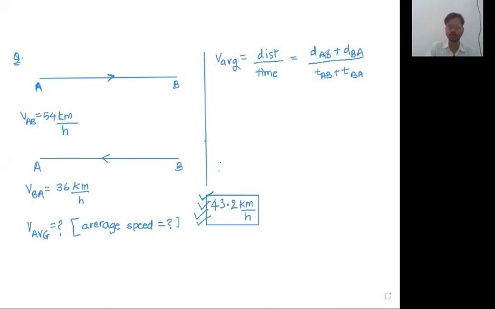Now, distance, time, and speed. Ultimately, these are distance, time, and speed problems. Speed data we are given. We are not given distance data. We are not given time data. In that case, we can observe A to B path and B to A path.